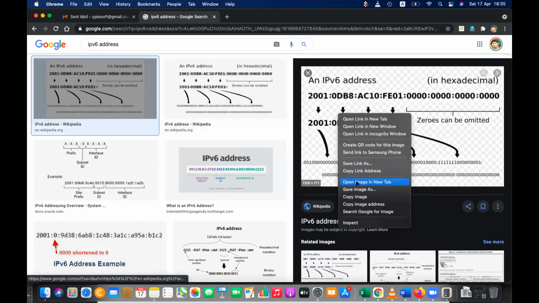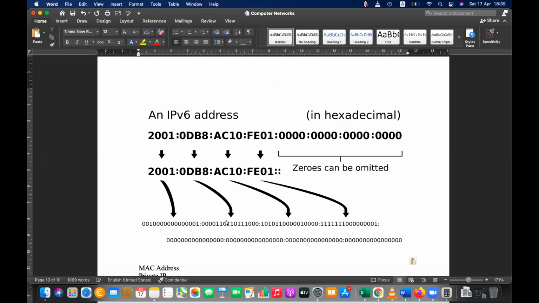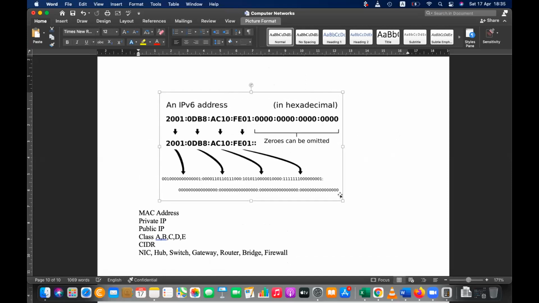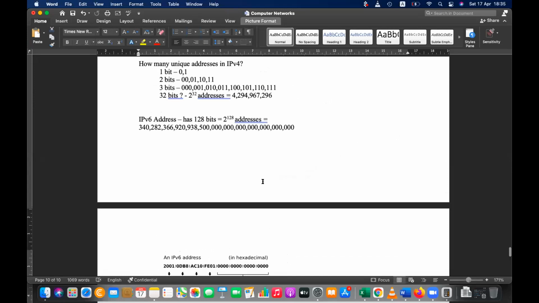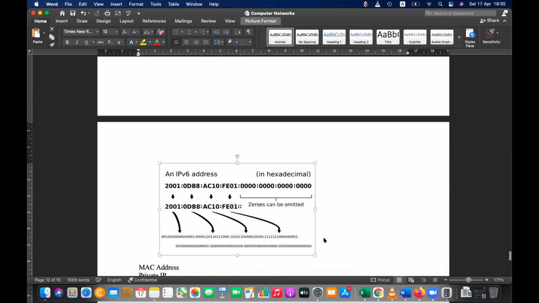Let's use this one. You can see it's hexadecimal numbers. This is the format of IP version 6. Okay, let's make this bigger. So one hexadecimal, one pointer. Here you have 1, 2, 3, 4, 5, 6, 7, 8 portions.